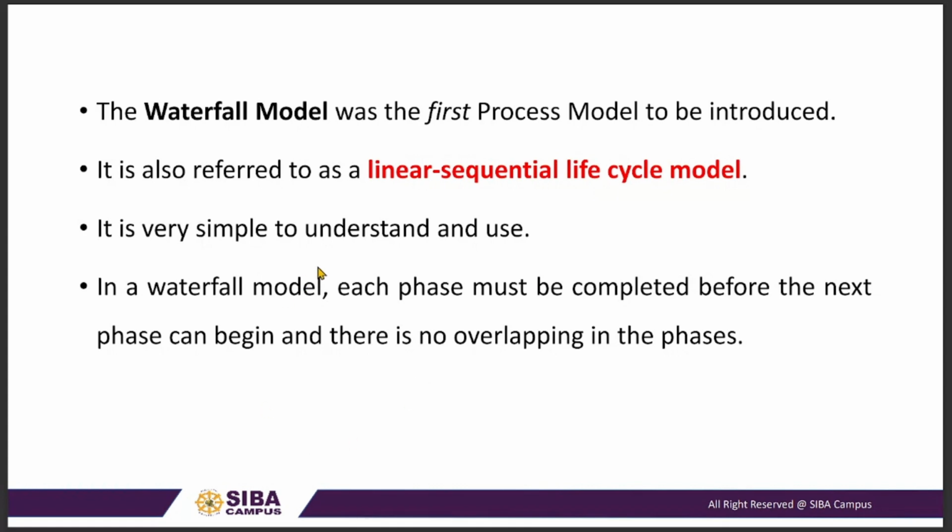Let's see whether it's true for you. In the waterfall model, each phase must be completed before the next phase can begin, and there is no overlapping in the phases. It means this is a linear process. Step 1, 2, 3, 4, 5, likewise, right? You can't do step 2 without completing step 1, and you can't do step 3 without completing step 2.